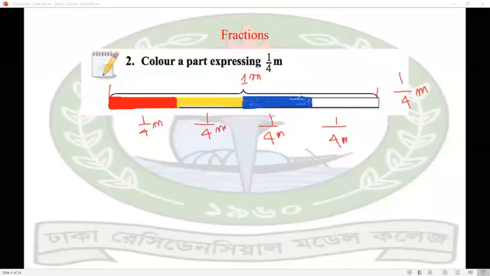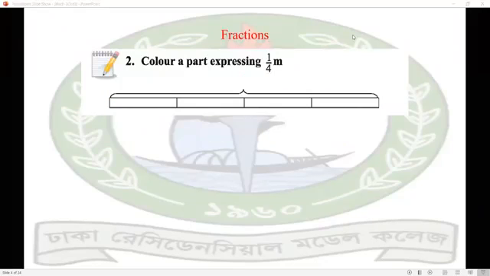All parts are equal. Another student says, no, I will color pink. So he can select the last part and color it pink. He is also right because every part has equal length. In this way, we can express 1/4 meter by coloring. So let's go to the next math.